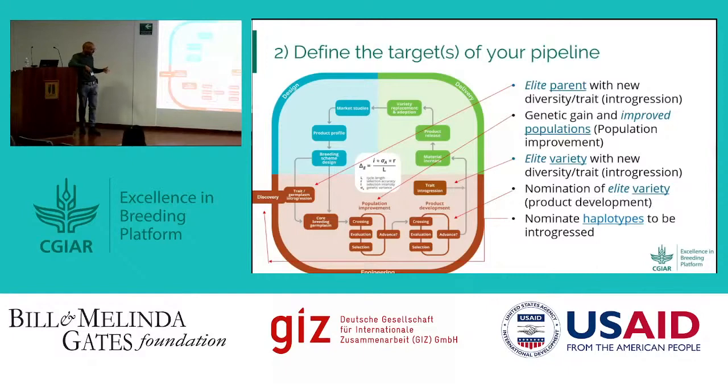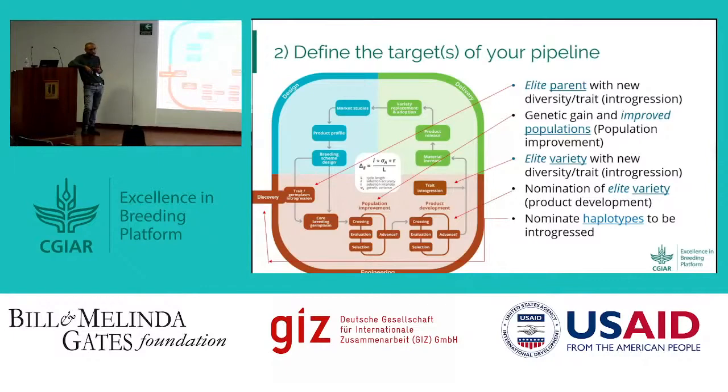But if it's really close to the target and can segregate and reach that target, then it doesn't need to be improved. Just because you have 20 traits doesn't mean that you have to improve the 20. You just have to improve the ones that you are far away from the target. Of course, maybe there is something that is still close to the target, but you really want to invest more because, like Agnes said, maybe that's the future. That is the future of breeding.